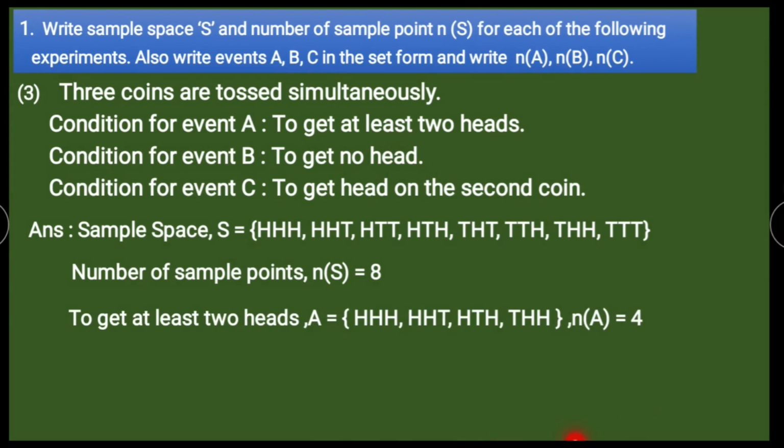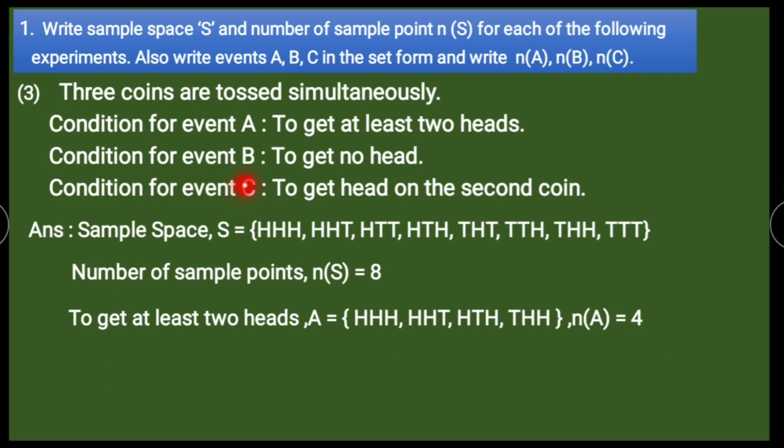So see here, A equals HHH, that means 3 heads, HHT 2 heads, HTH 2 heads, THH 2 heads. That means here we select those elements which contain 2 heads and more than 2 heads. So the total number of elements is 4.